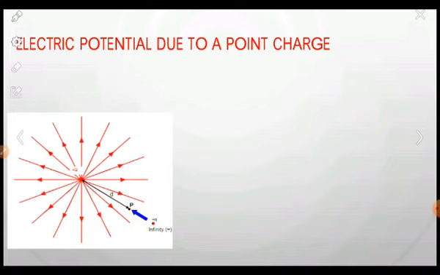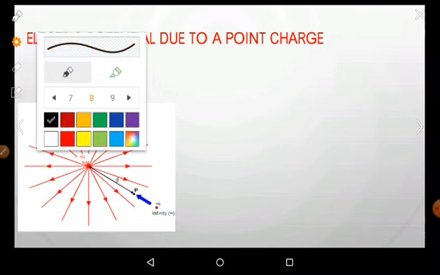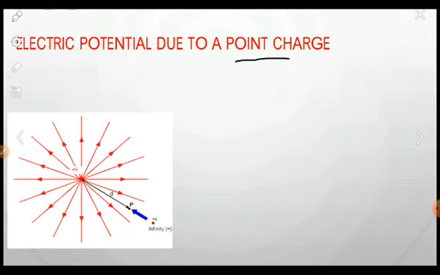So the next concept of this lesson, second point, is electric potential due to a point charge. First of all, we should know what a point charge is. A point charge is a charge, maybe a positive charge or negative charge, whose dimensions are negligible.